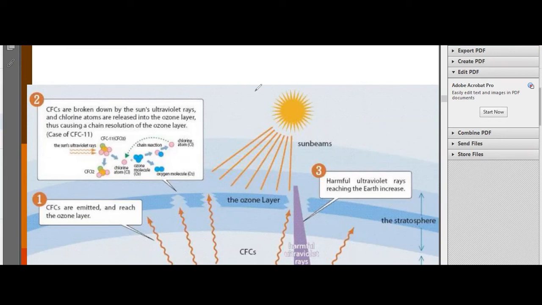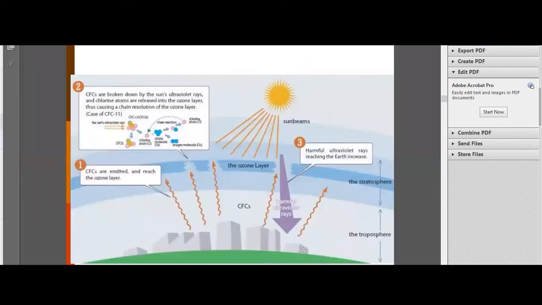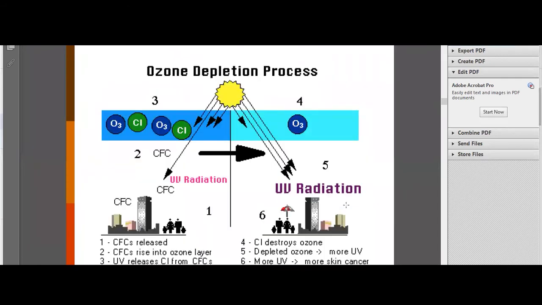If the ozone layer is destroyed, then what happens? The harmful ultraviolet light will reach the surface of the earth where we live. The more harmful UV light, the greater the possibility of skin cancer. So this is very dangerous, because the ozone layer has the function of preventing harmful ultraviolet light from reaching the earth.